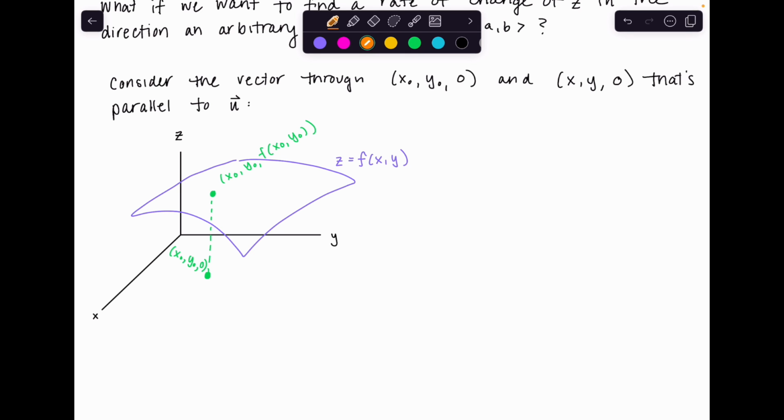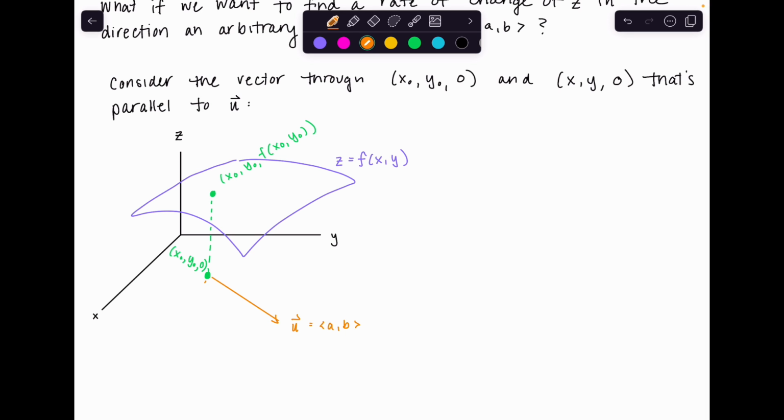And I'm trying to find the rate of change in the direction of some unit vector u. So here is u. Okay. This has components a and b. Right. So I can actually draw a right triangle in now based off of these.